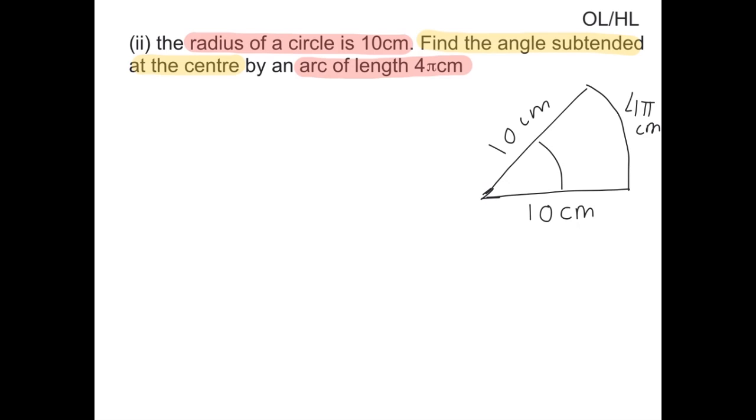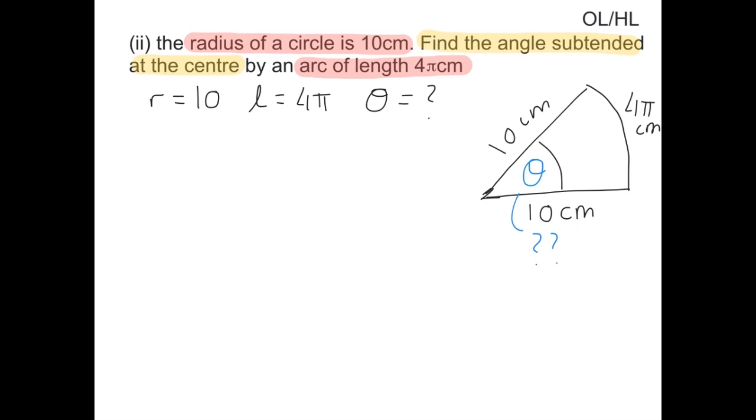And our unknown in this case is our angle theta. So this is what we're looking for. So the information we're given then, r is 10, L is 4 pi, and we want theta in this case.